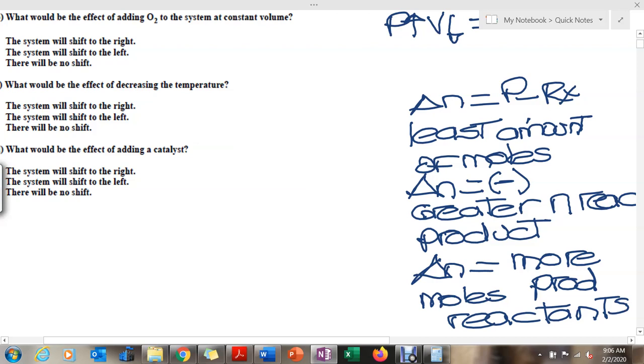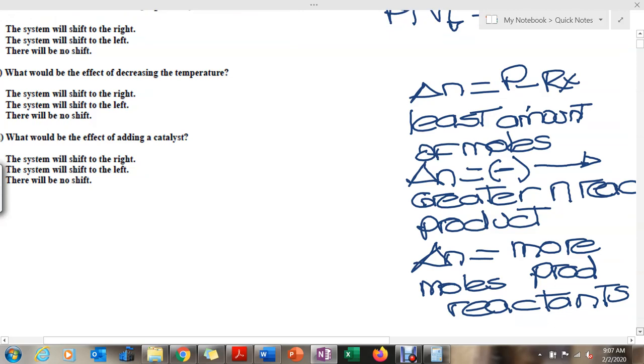So basically, if the pressure increases, if it's negative, it will shift to the side with the least amount of moles, which is the product, so it will shift to the right.